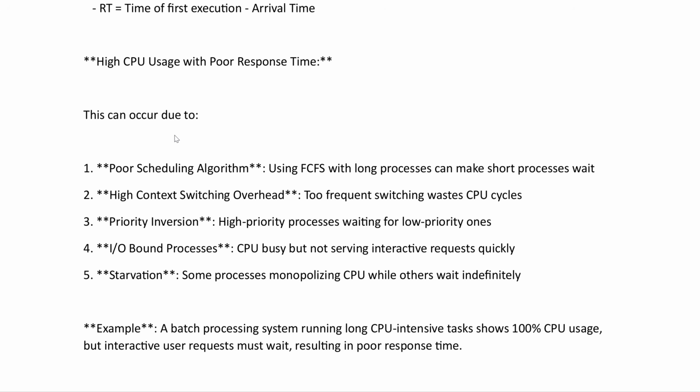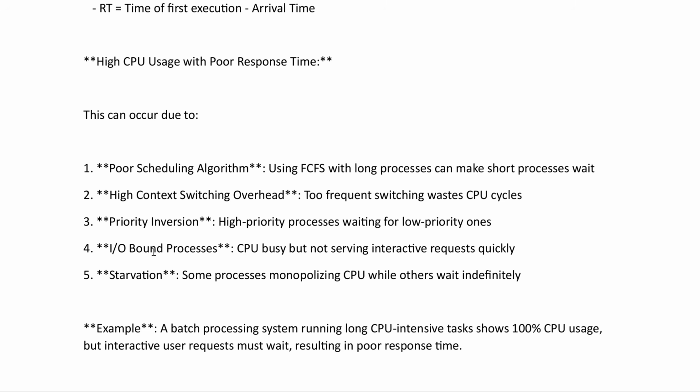High CPU usage with poor response time can also occur due to high context switching overhead. That is, too frequent switching wastes CPU cycles. Third, it can also occur due to priority inversion, that is, high priority processes waiting for lower priority ones. Input-output bound processes can also be one of the reasons, where the CPU is busy but not serving interactive requests quickly.